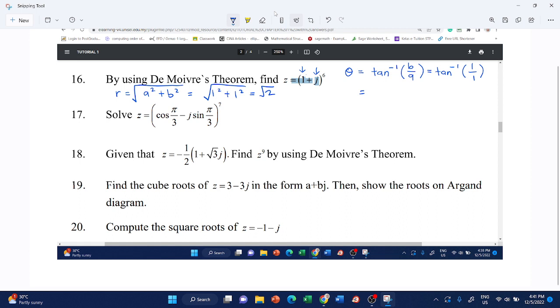Let's say we want it in degrees. 45 degrees. Okay, 45 degrees, what is the angle in radian?